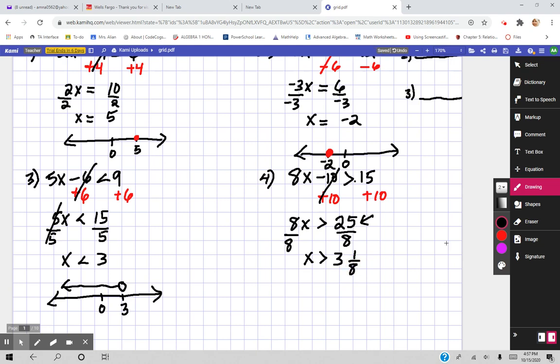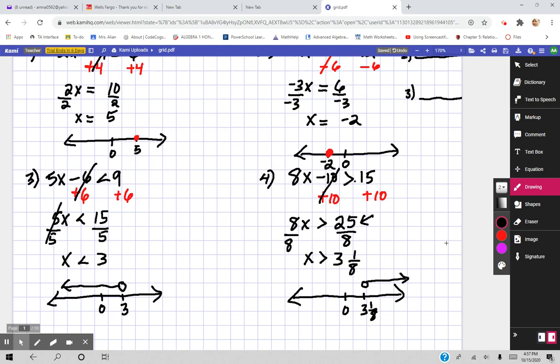Okay, so now let's go ahead and graph our solution set. 3 1/8 would be somewhere to the right. Let's mark it over here. And we want all those numbers greater than 3 1/8. So open circle, facing this direction, going to the right, showing that anything bigger than 3 1/8 will work. 4, 5, 6, 7, 1 million, okay, 1 trillion will work in this inequality.